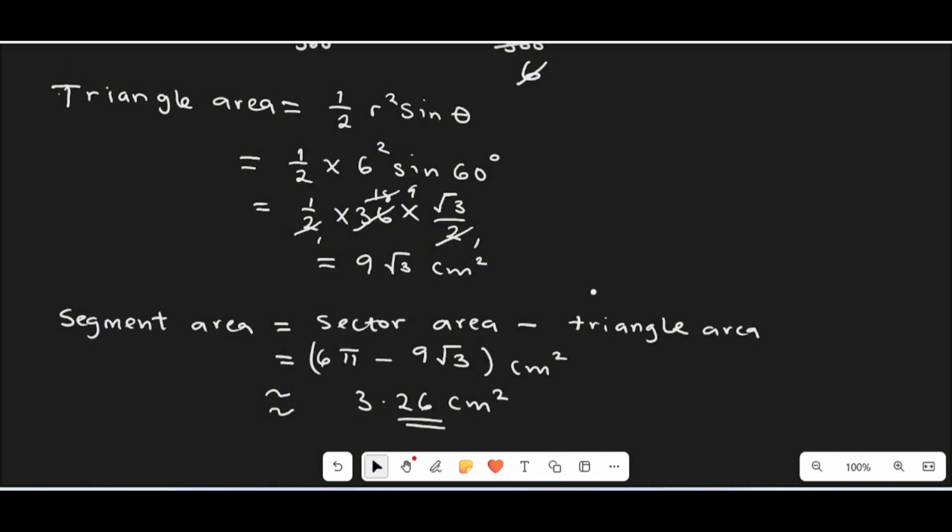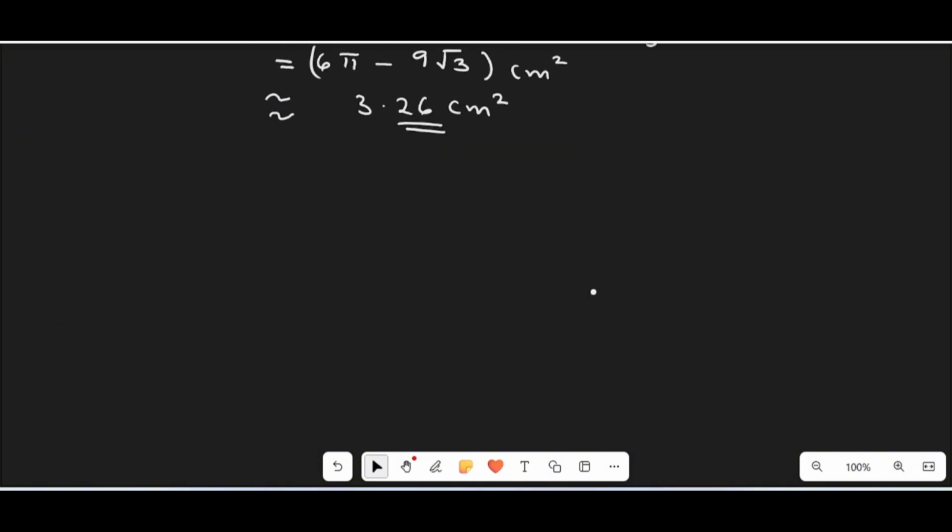That is our answer. Let us move to tangent.